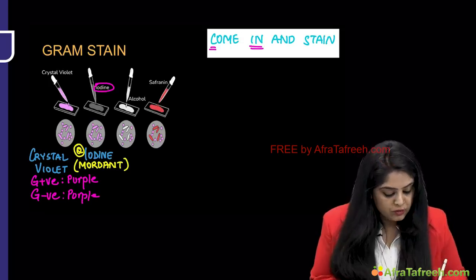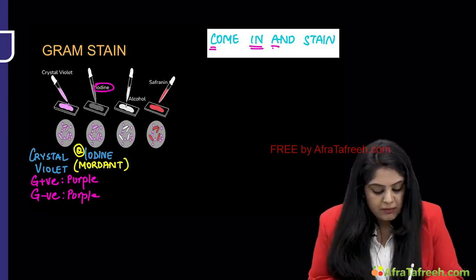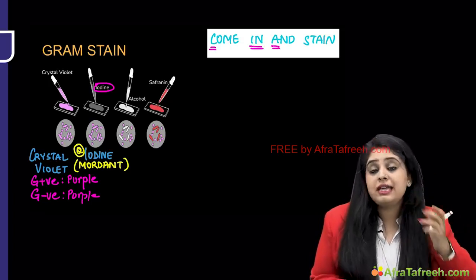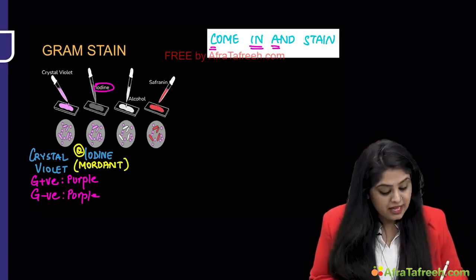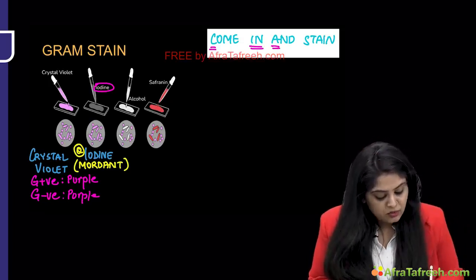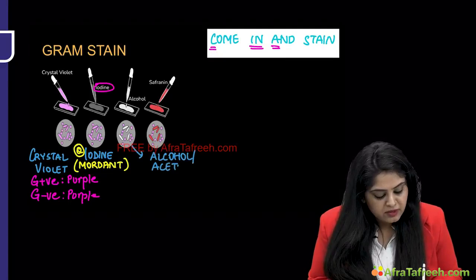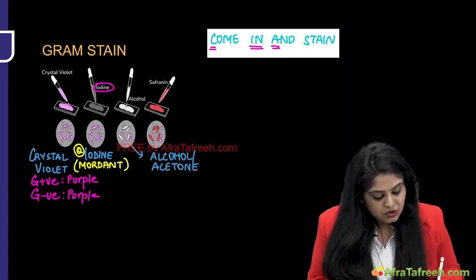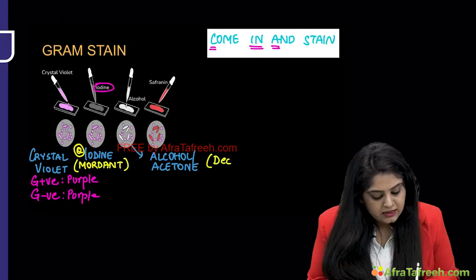What are you going to do next? Look at the next alphabet: come in and. So now you're going to put A for decolorizer, that is alcohol. The next thing that you add is alcohol, or we can also use acetone, whichever we may be using, but that is going to be a decolorizer. Whose color are you going to remove?